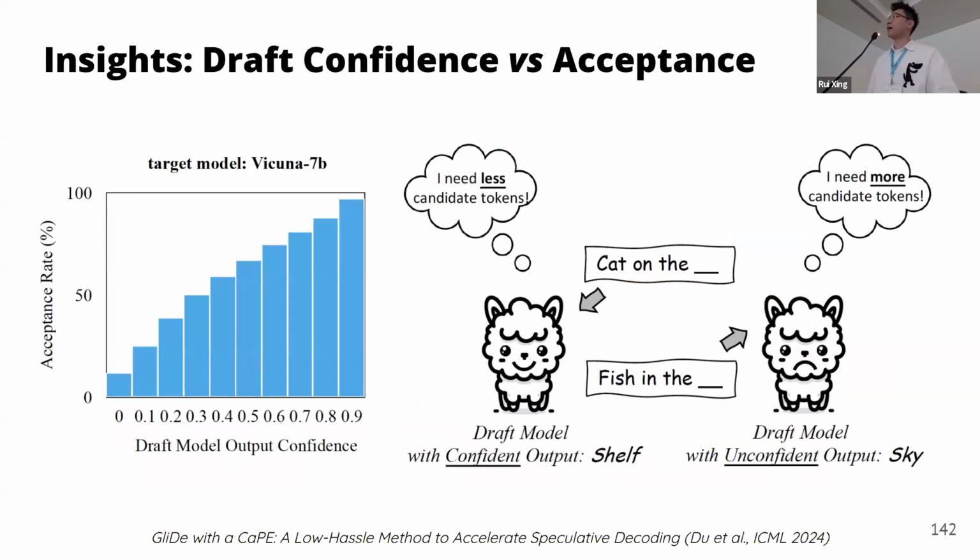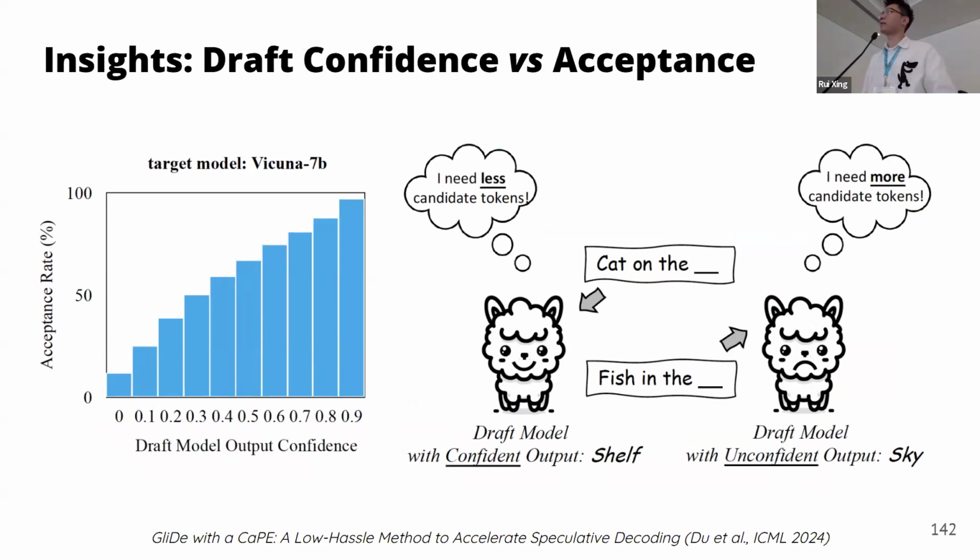In the work of Cape at EMNLP 2024, they find that the confidence of the draft model has a high relevance with the final acceptance rate, right?